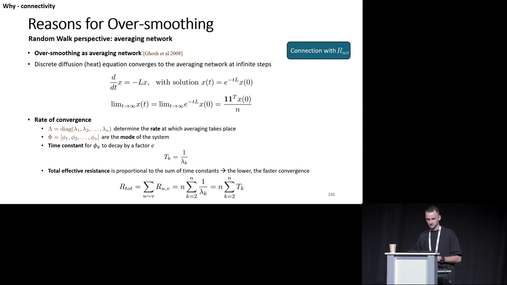And we know that the total effective resistance, which is nothing else than the sum of all pairwise effective resistances between the nodes, is also the sum of the inverse of the eigenvalues, which is the sum of time constants. So the higher the effective resistance is in the graph, so the worse the connectivity because nodes are more spread out, the higher the time constants will be. This means that the mixing will be slower. So yeah, that happens.